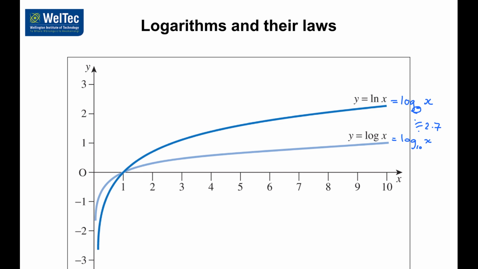And remember that when y is equal to 0, the natural log of x is 0, so x must be equal to 1, which is why both of those are crossing there. Just the working for the second one: when y equals 0, log x equals 0, so x equals 1.